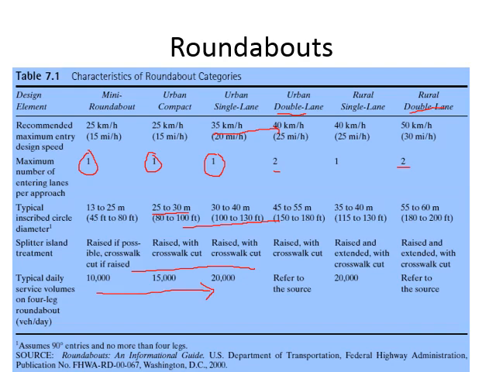Now the maximum volume you see here is 20,000. So when the volume increases more than that, let's say it goes to 25,000 or so, then roundabouts are not considered feasible. Then you should switch to signals. So roundabouts are provided only up to a certain extent of volume, otherwise you have to switch to signals.